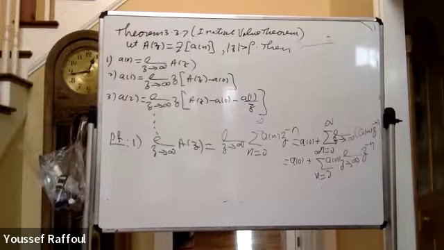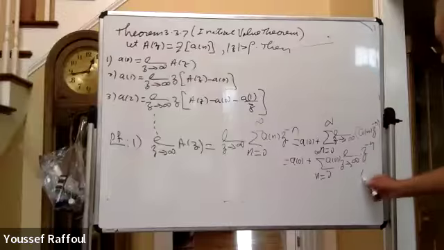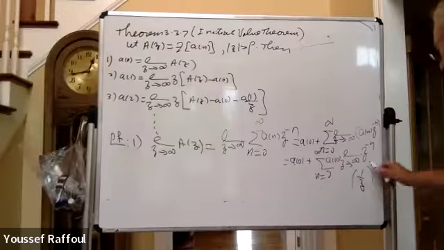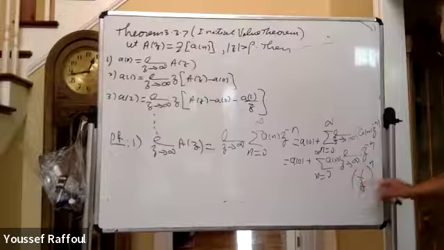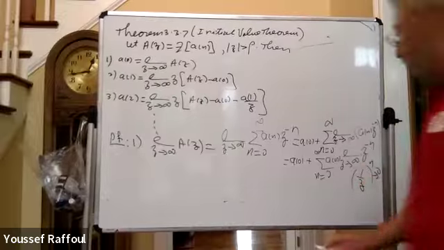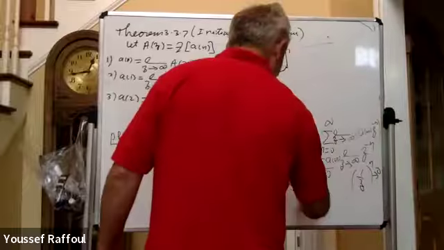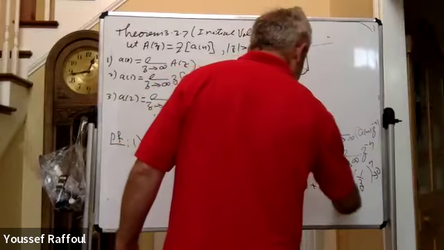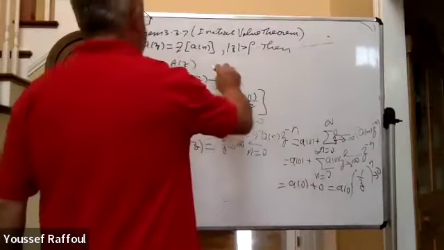And this is 1 over Z to the power n. So as Z goes to infinity, this goes to 0. So this is A0 plus 0, which is A0.